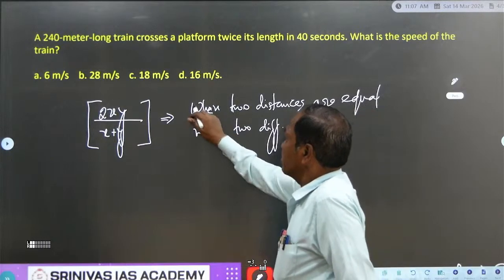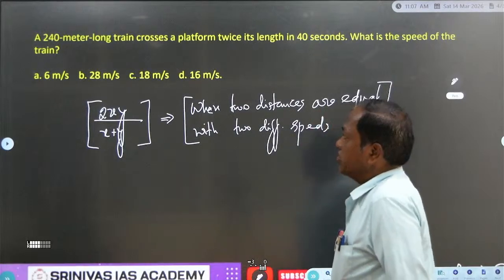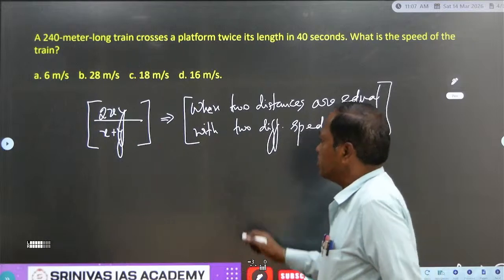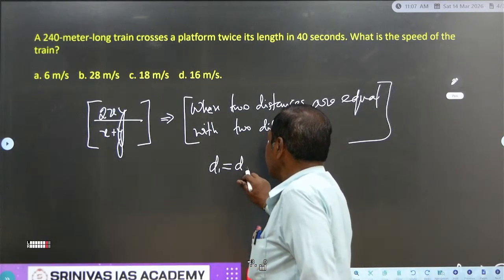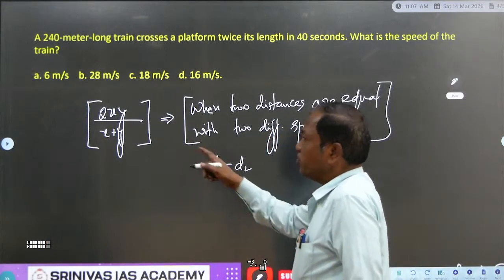This is applicable. See, when two distances are equal, distance 1 and distance 2 are the same. It means distance 1 is equal to distance 2. That's it. Distance 1 is equal to distance 2. Then this formula is applicable.